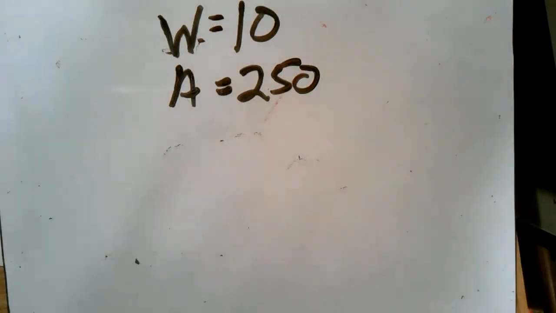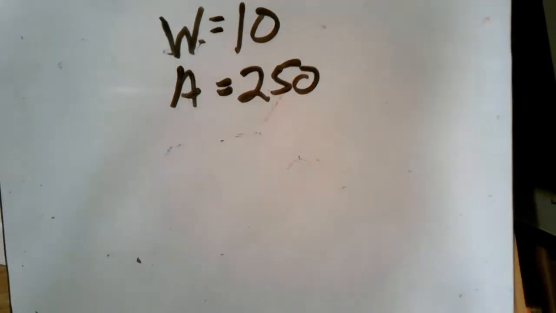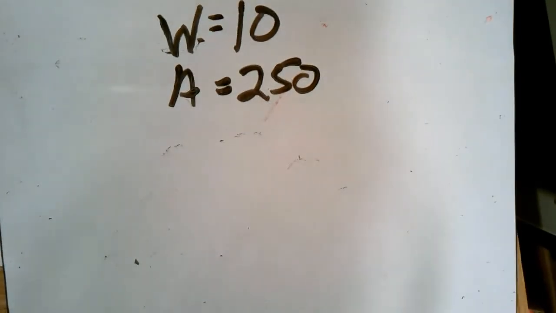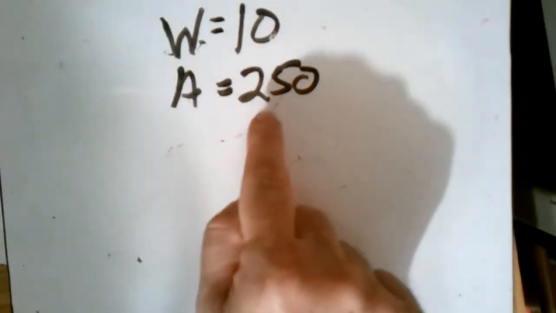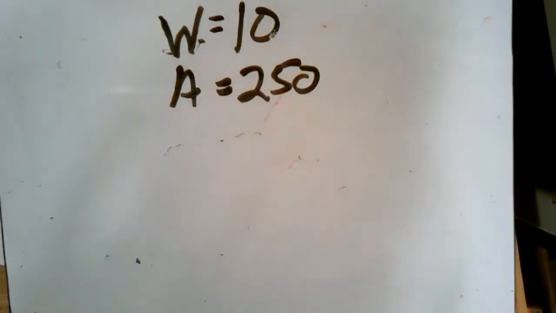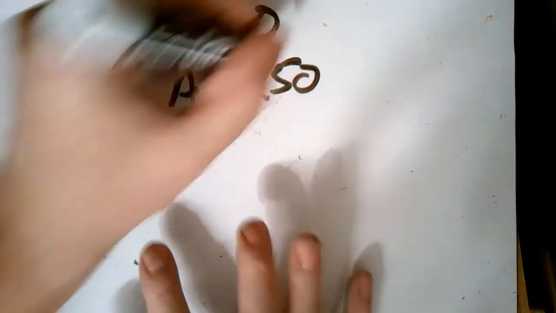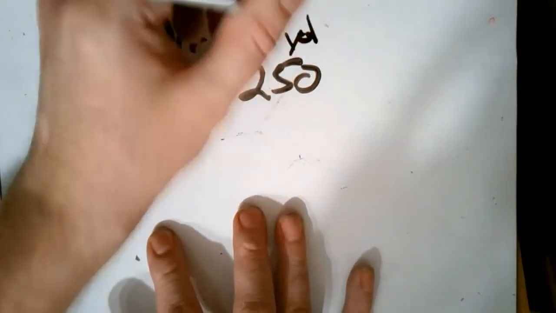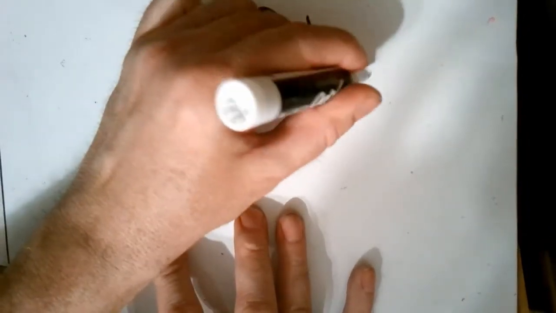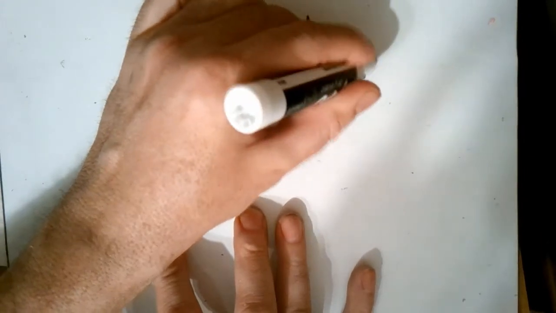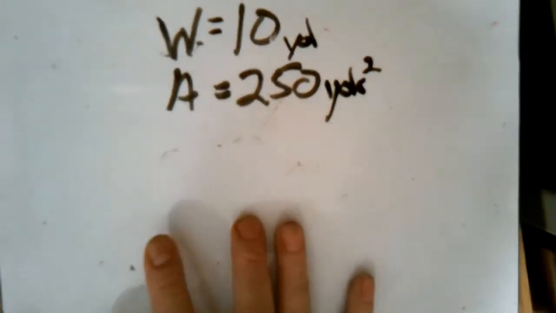All right. Here we go. Here's another one. I have a garden, and I know that the width of my garden is 10. I know that the area of the garden is 250 yards squared. Let's just put yards and yards squared, a little 2 up there.